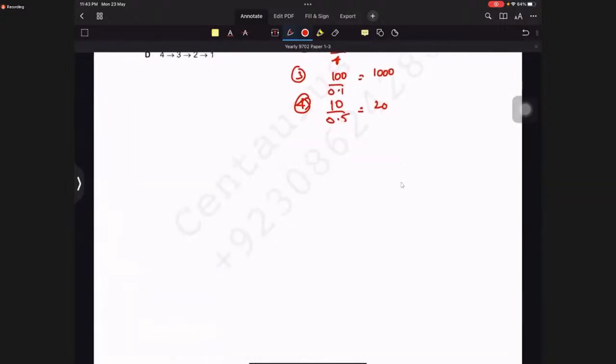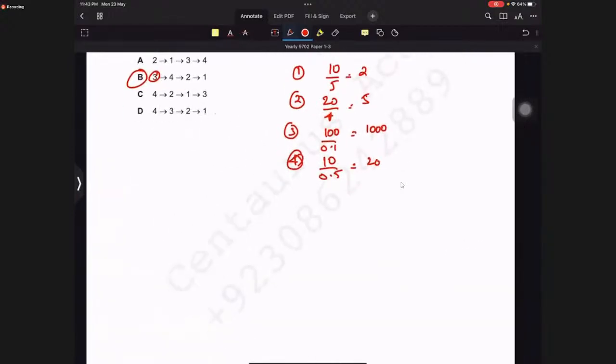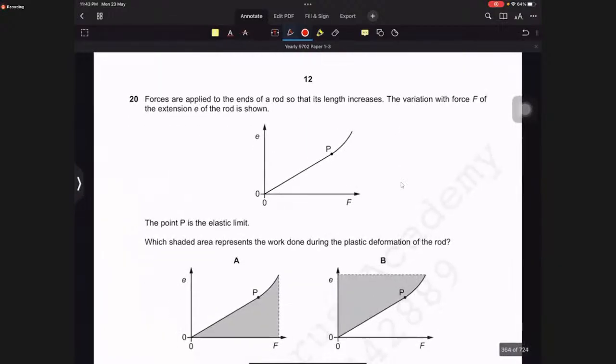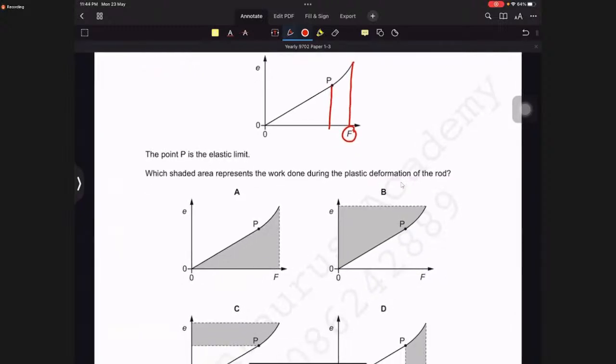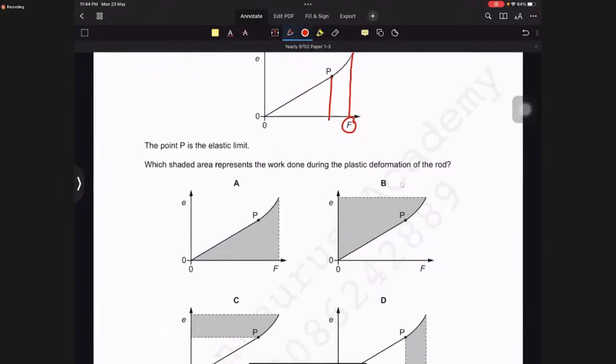Now going to, oh, how much space they've given for this? Okay, which shaded area represents the work done during the plastic deformation of the rod? This is between force and extension. Plastic deformation is happening after this point, somewhere here, right?